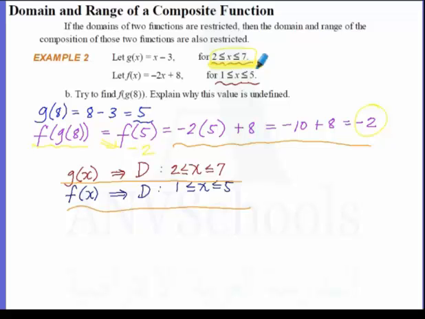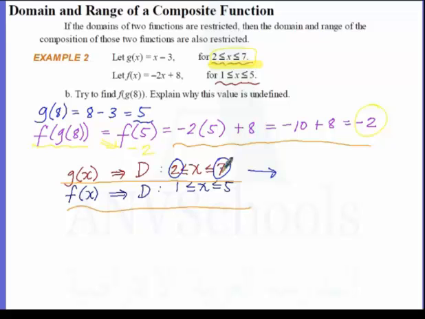Because it's outside the domain of our g of x, then it could not be taken relative to our f of x. So if it's 8, meaning that it's outside our domain for g, which is only from 2 to 7. Now the given x value is equal to 8.